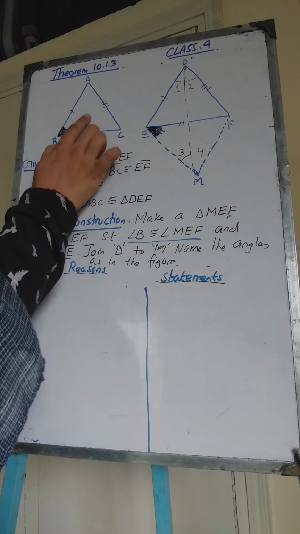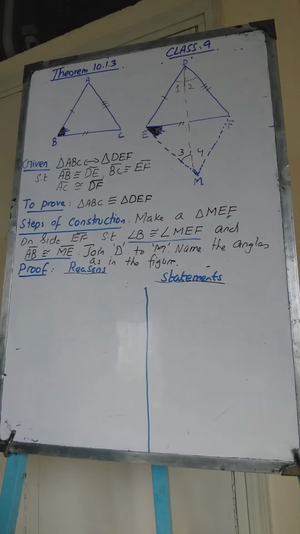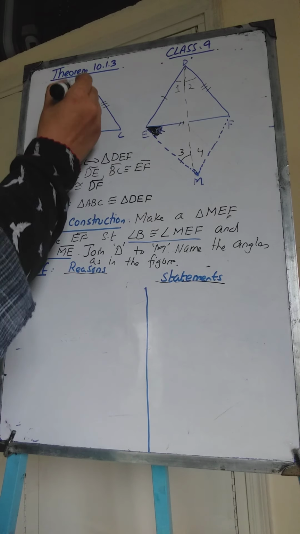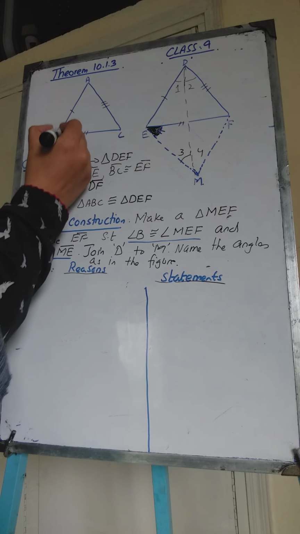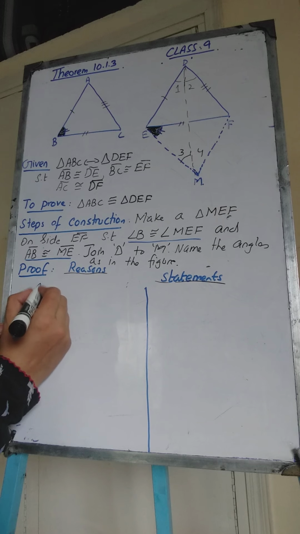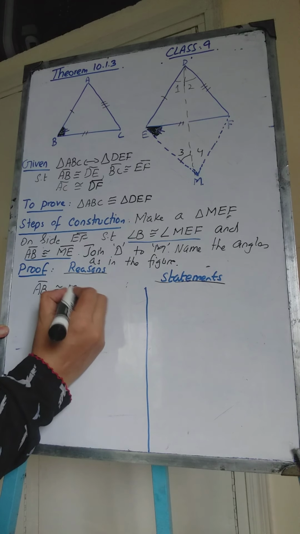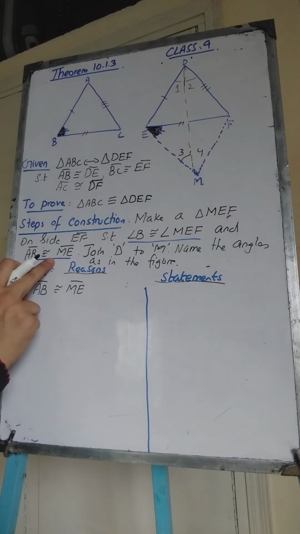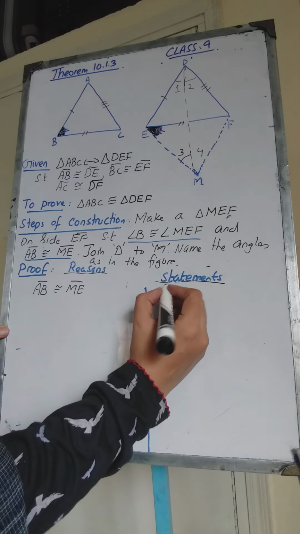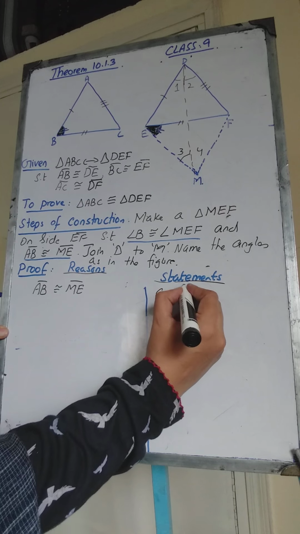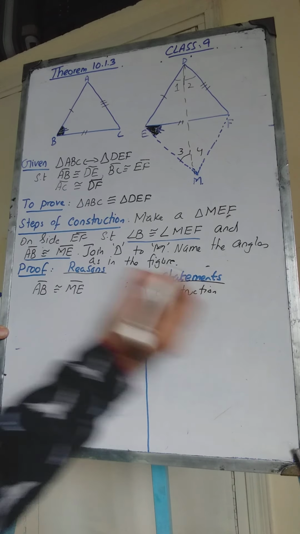I'm going to use SAS postulate to prove these two triangles congruent. For this, I will take these two sides and the angle in between them. I will take AB. AB is congruent to ME. This is something I did in construction, so the reason for this will be construction.